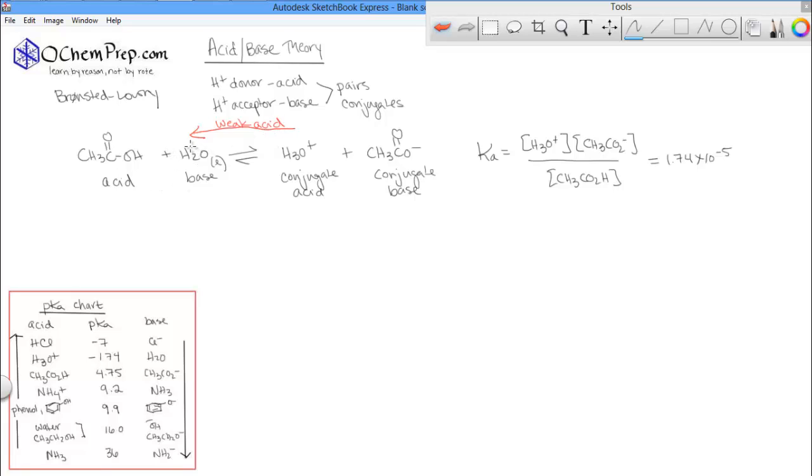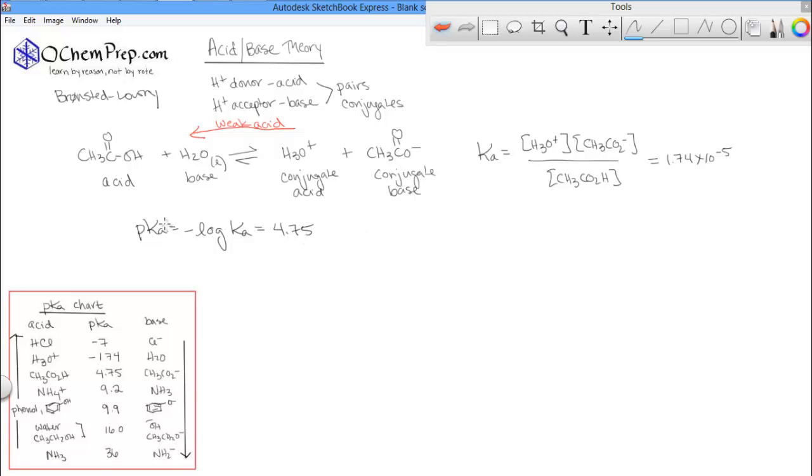The weaker the acid, the more the reactants. Now, in organic chemistry, we don't tend to use these numbers very much. We use what's called the pKa, which is just like the pH, it's the negative log of the Ka. And for this value, that would be 4.75.